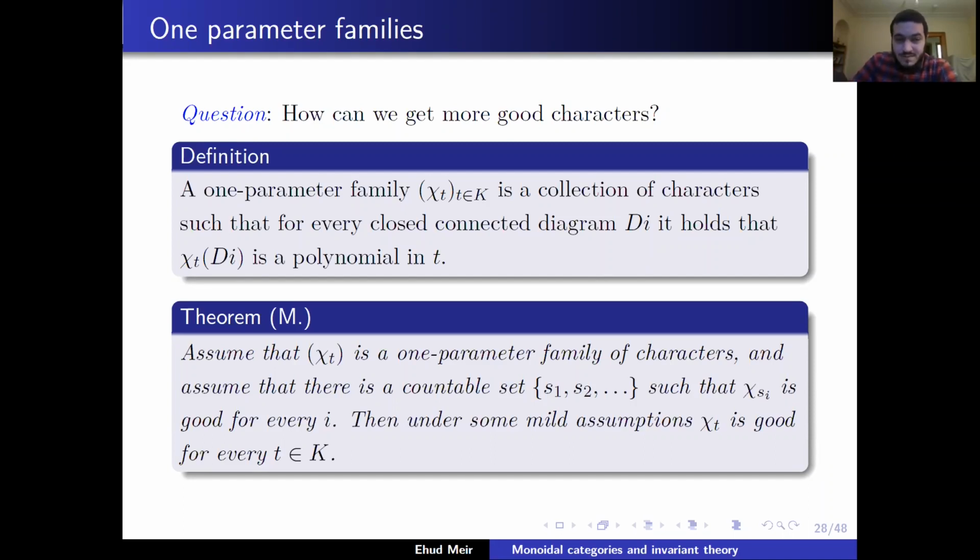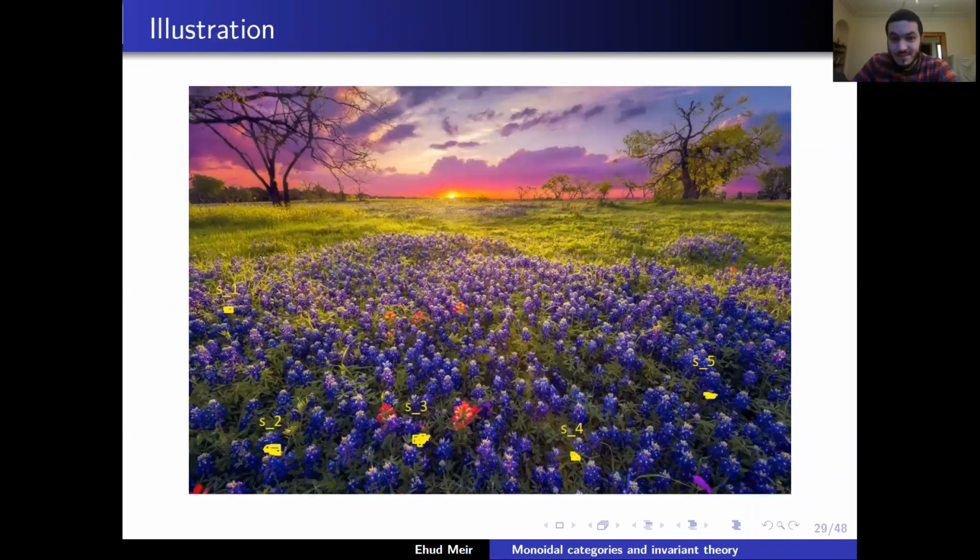Here is a picture to illustrate this. This is our field K, and think of this as you have S1, S2, S3, S4, S5, and so on, these particular values. Once you know that something holds for them, that is, you get a good character here and here and here and here and so on, then you get a good character for all the points in your field.